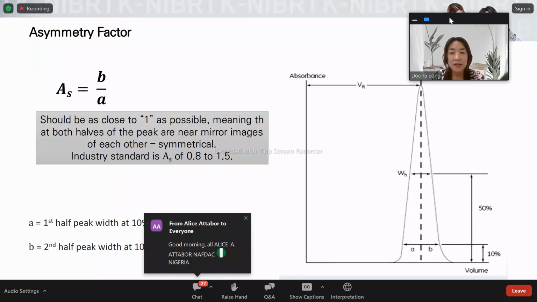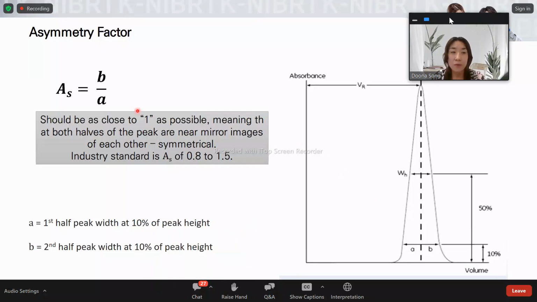The asymmetry factor is calculated using the following formula. A is the distance from the peak maximum to the front side at 10% of the peak height, and B is the distance from the peak maximum to the back side.